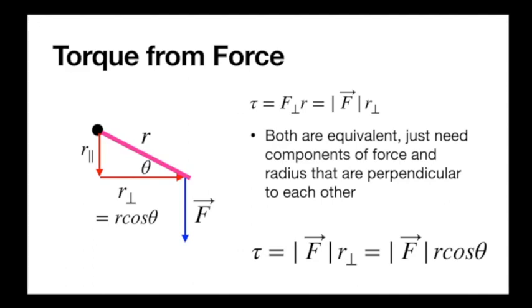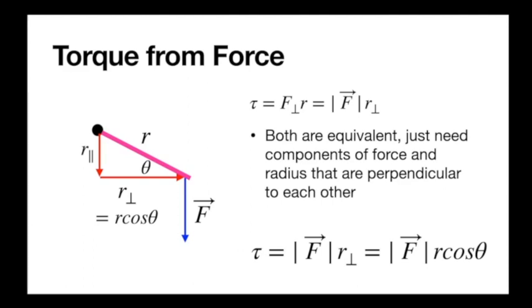And again, this way now, we find that F perpendicular times R is equal to F R cos theta, which is exactly the same as if we had found F times R perpendicular, like I did on the board. So either way is correct.